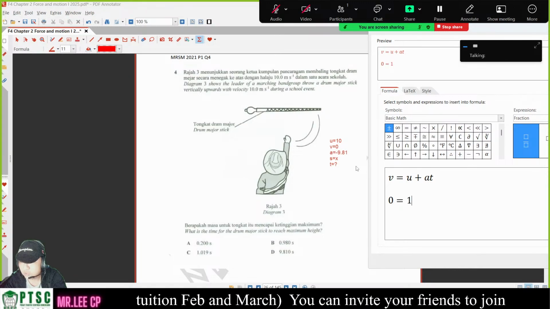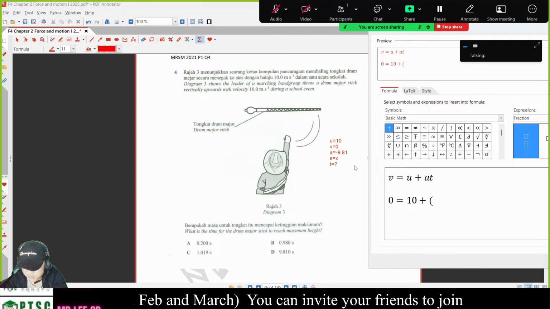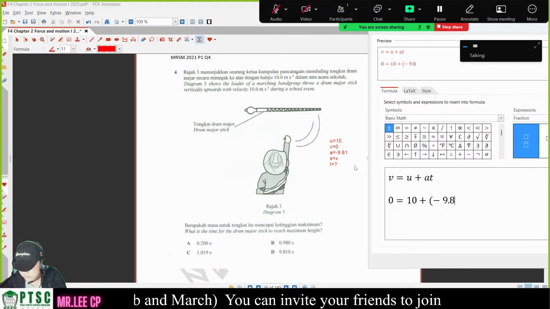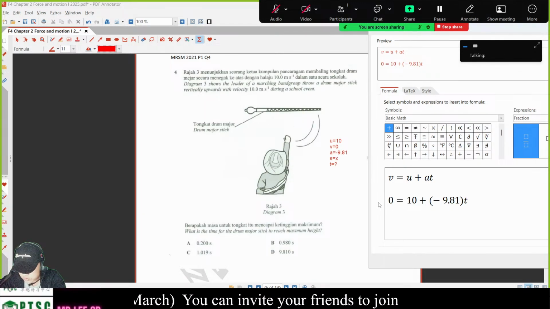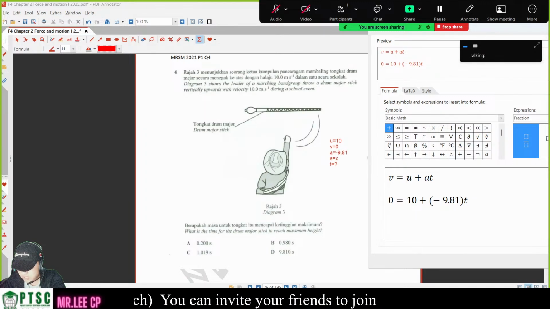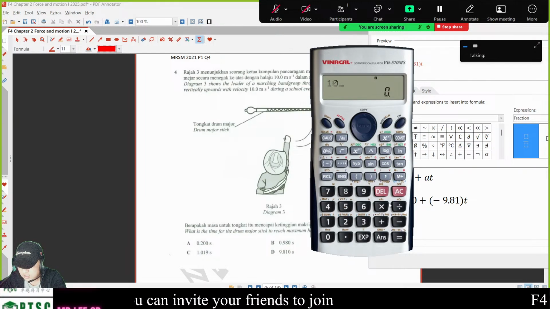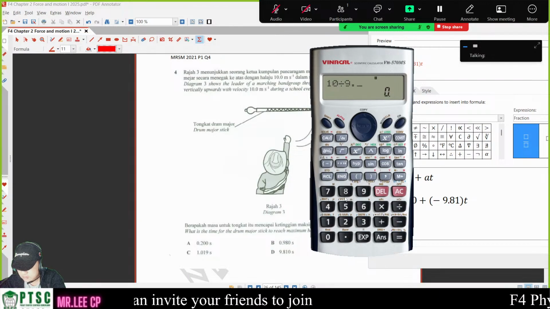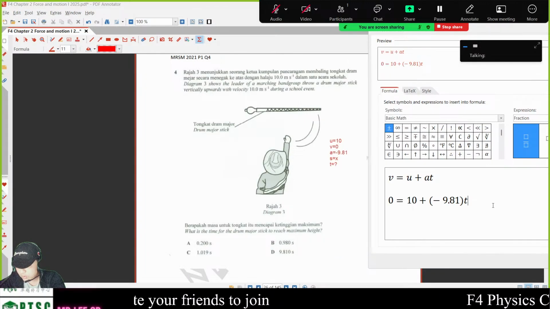U is 10. Plus A is negative 9.81. And then T. Right? So 10 move to here, negative 10. Negative 10 divided by negative 9.81 is positive. 10 divided by 9.81. So you get 1.02 second.